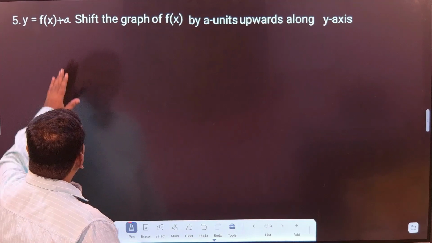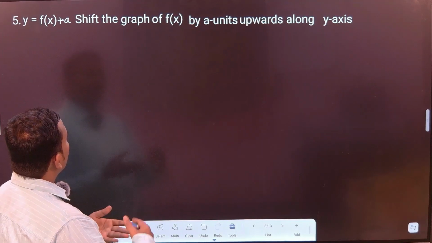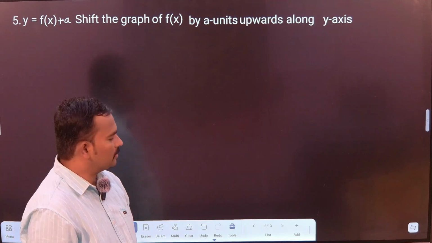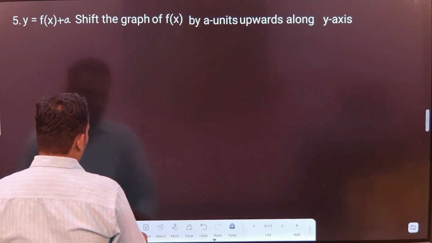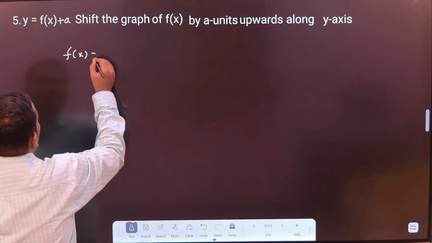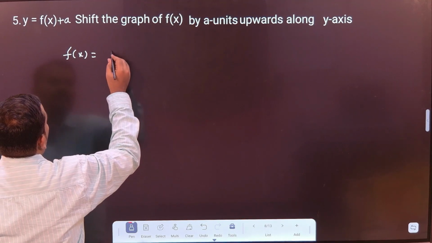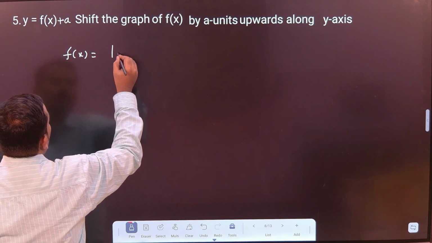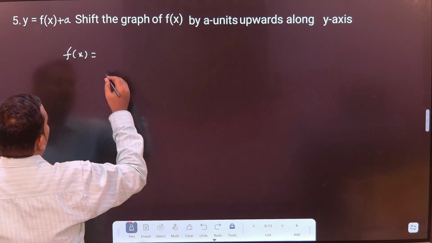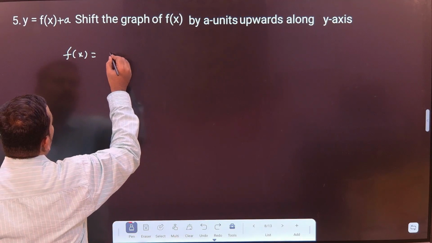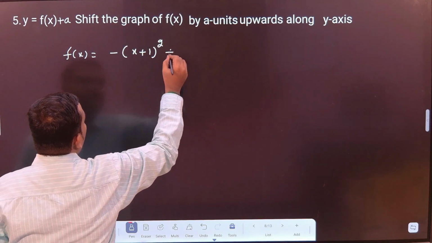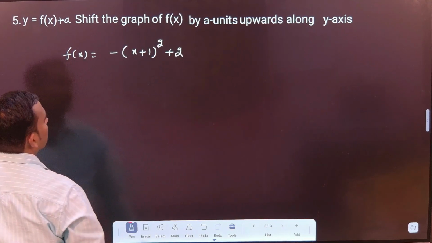You can see f of x plus a shifts the graph a units upward along the y-axis. We already discussed this. We'll do one more question. Okay. Suppose f of x equal to, let us take it this way, the graph of minus (x plus 1) whole square plus 2, right?